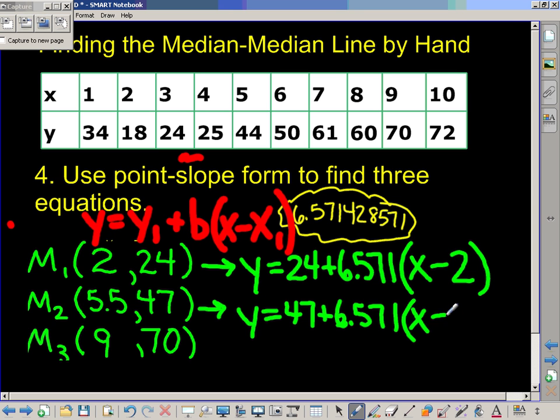I will explain a little bit later that I'm going to use the full version of the slope when I go to expand these 3 equations. x minus 5.5 is our middle equation.